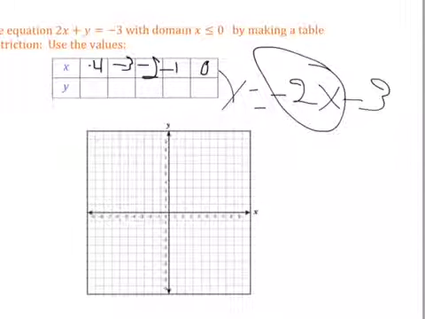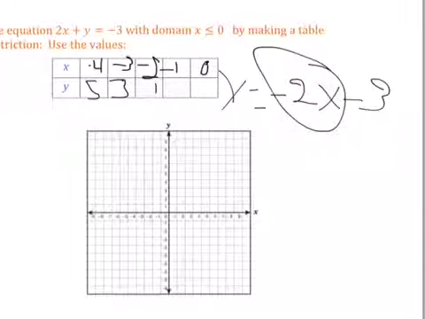Plug in all the numbers for x. So we have negative 4 times negative 2, which equals 8 minus 3 is 5. Next we have negative 2 times negative 3, which equals 6 minus 3 is 3. Then we have negative 2 times negative 2 is negative 4, which is positive 4, minus 3 is 1.